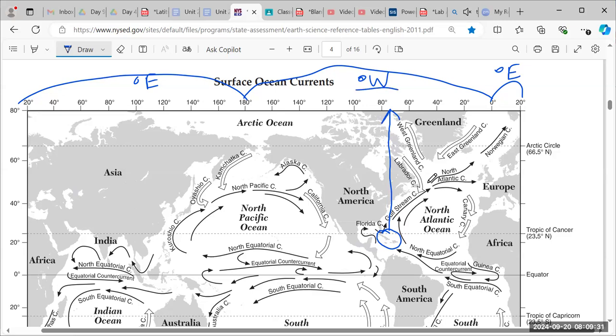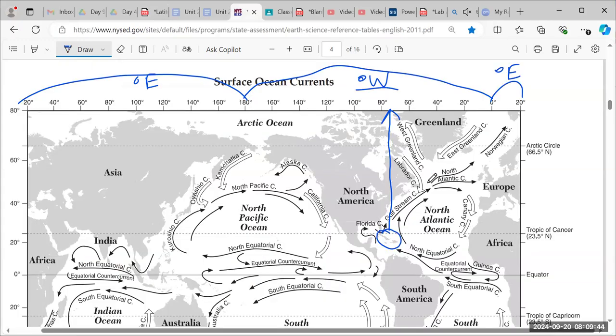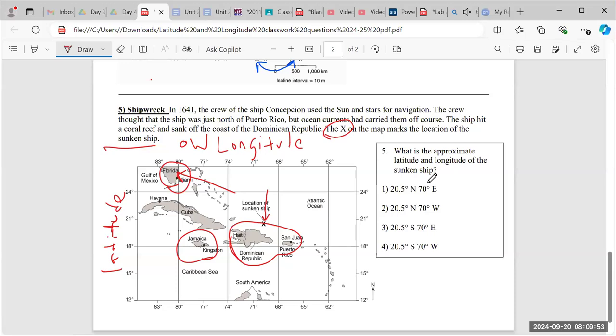So why is that important for me to figure out? It's because now that I know which part of the world we are in, I can make sure to label that this is all degrees west, and we know this is also on the north side. It's above the equator, so I know my latitude is going to be degrees north.